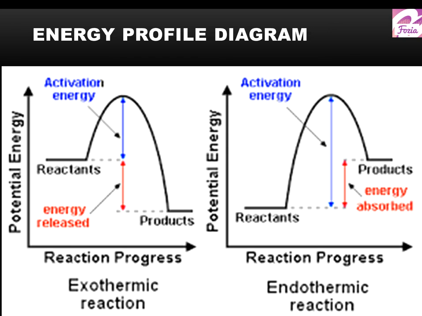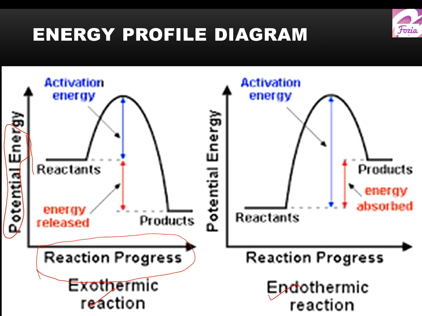Basically, these diagrams are a graphical relationship between the potential energy of the reacting chemical species and the reaction progress. So with the passage of time, how much reaction has been brought about is what the energy profile diagram draws. With the help of this diagram, we get to know how much activation energy is required for exothermic reactions as well as for endothermic reactions.